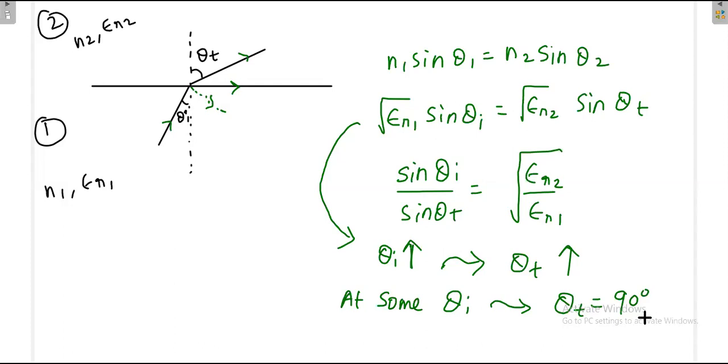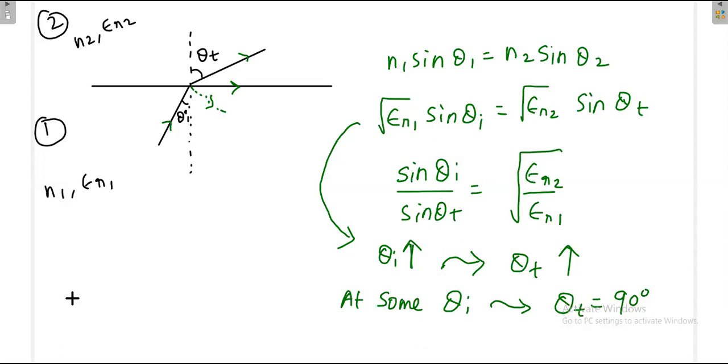Once it becomes 90 degrees, that particular angle is called the critical angle, because beyond that angle, if I increase my theta I, definitely I will get complete reflection. If my theta I is less than theta c, definitely my theta t will be less than 90 degrees.